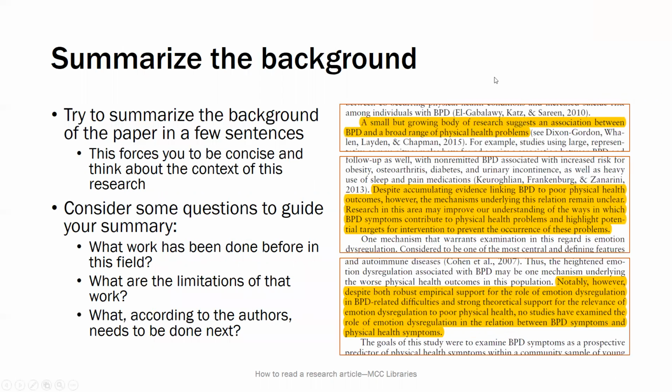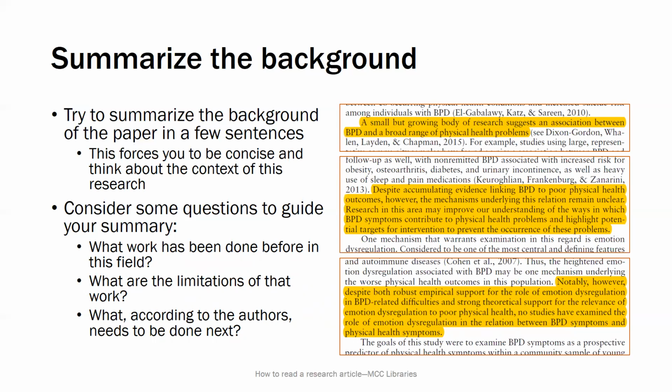So our next step is to summarize the background. And again, the background can often be thought of as a literature review. So we want to make sure that we understand what the authors are summarizing for us. Sometimes it can be 1 to 3 pages of literature review. It really just depends. We want to condense that as much as possible and try to pick out those key points.